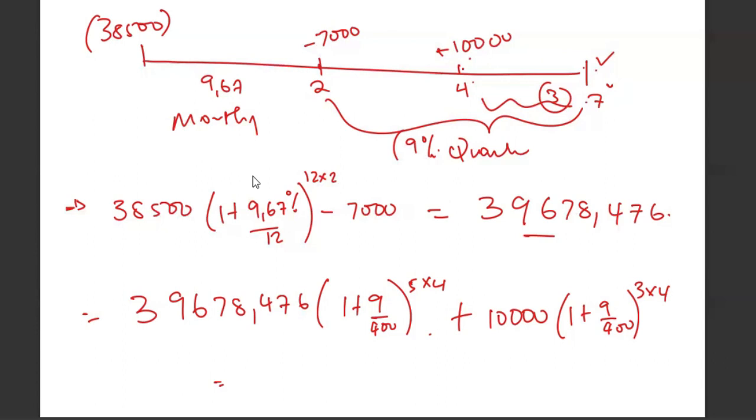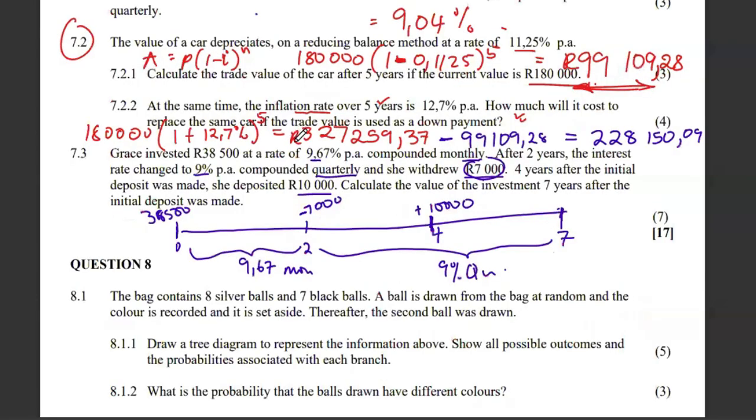So meaning that I'm going to end up with 74,979.13. So this is how much is going to be in the account after the 7-year period. Somebody would round it to 75, depending on how the rounding is being done.